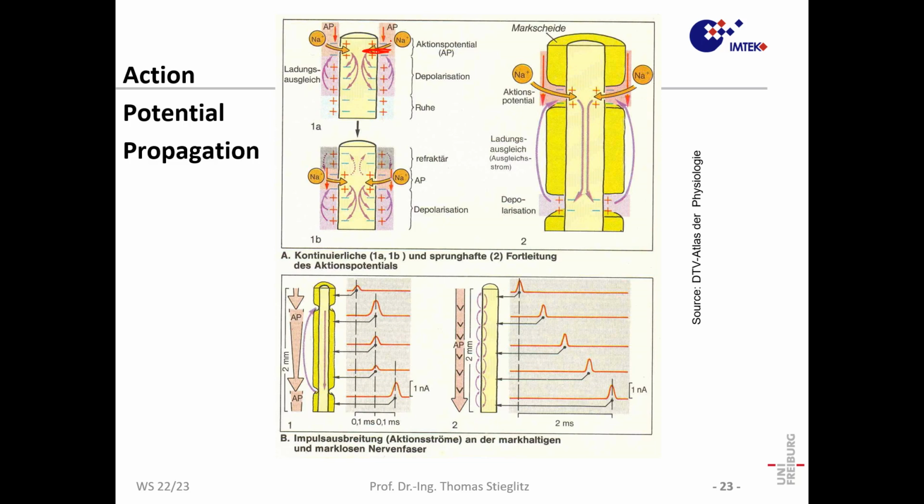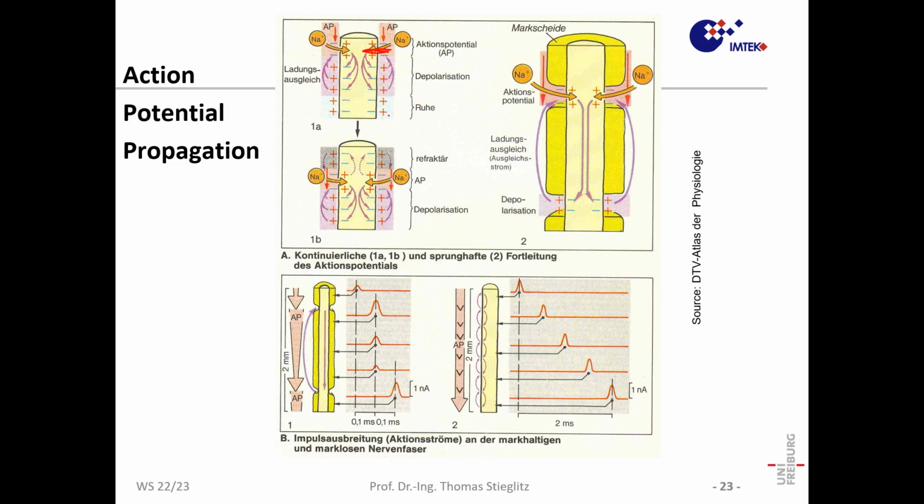If I have a displacement current, I can imagine that a little bit of that charge goes to the neighboring patch, increases the potential because I have then more positive charge inside at that spot. That means I cross the threshold, the action potential is triggered, boom, and then I have the same on the next spot.